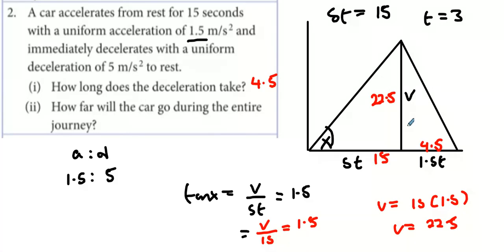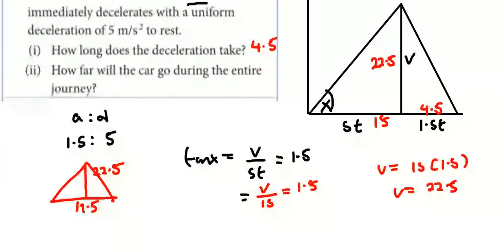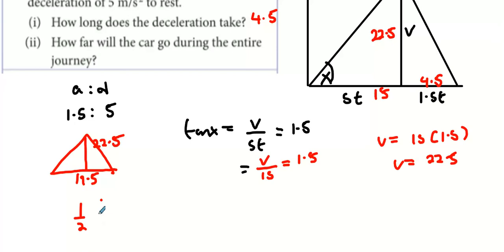Now, how do we get the distance for the full journey? Area under the graph, which is a half base times height, which will give me what? I have 19.5 as my base, and what about my height? 22.5. So what's a half 19.5 times 22.5? Just tell me what the answer is when you're done.